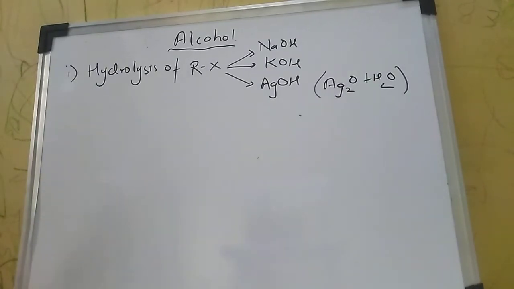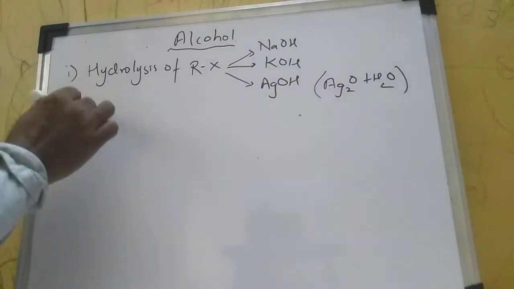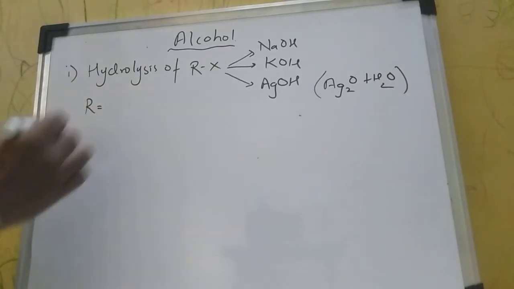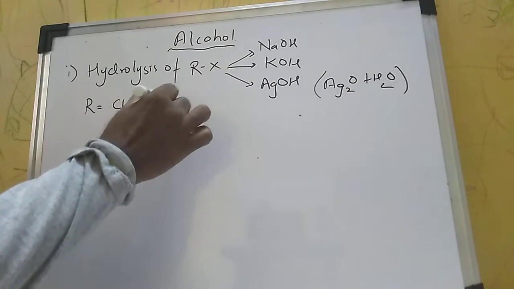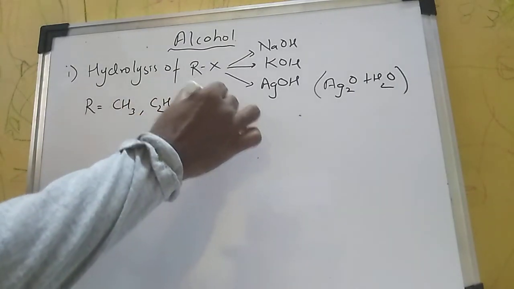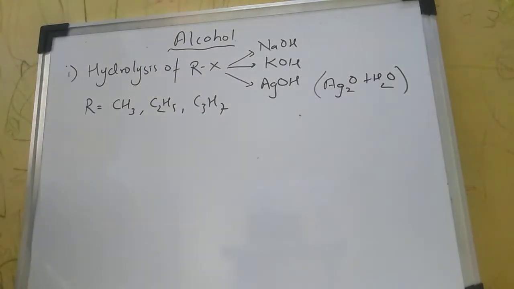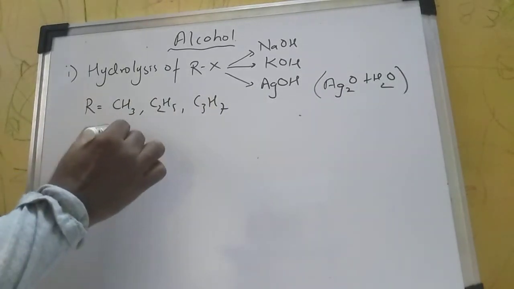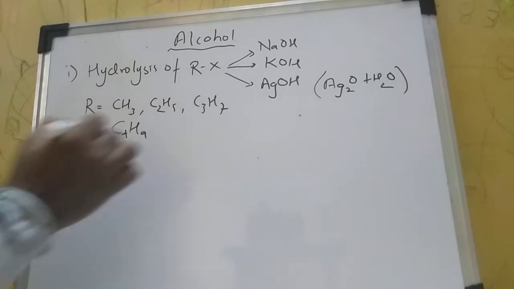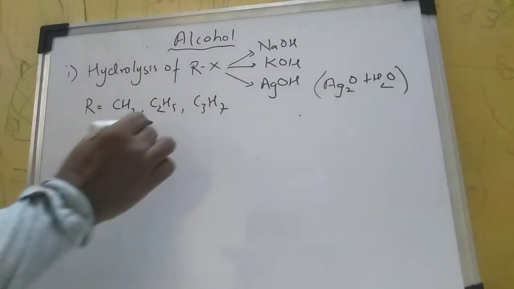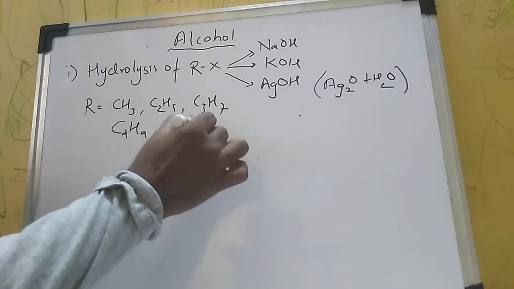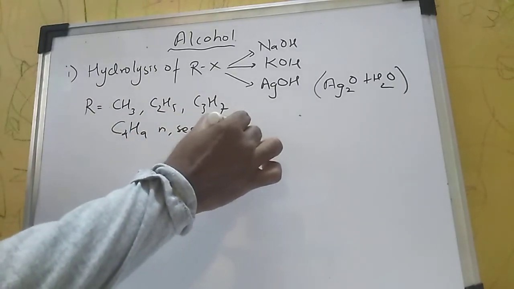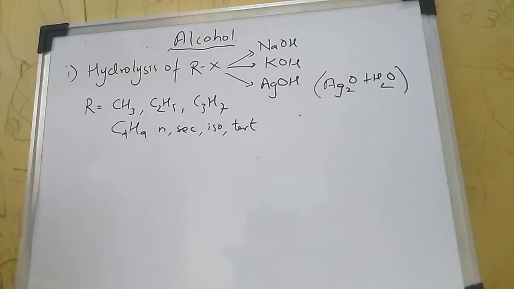I have given certain assignments also. Replace R with all the different alkyl groups: methyl, ethyl, propyl. In propyl we had isopropyl and n-propyl, and in butyl there were four butyls we did: n-butyl, sec-butyl, isobutyl, and tert-butyl.